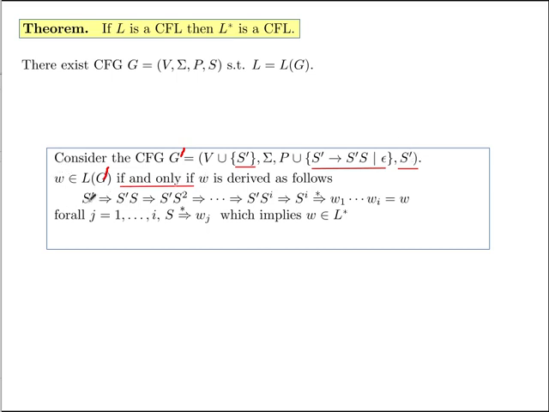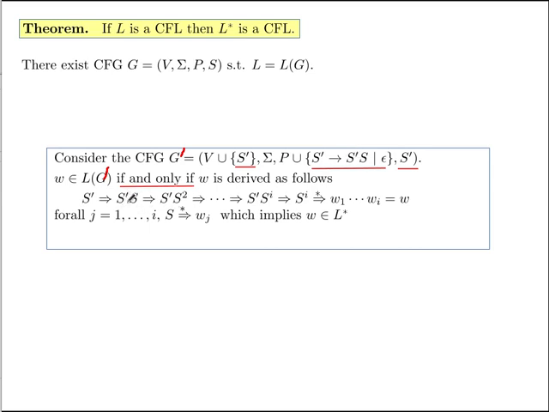And when you are starting from this S prime, just consider a leftmost derivation. If you have any derivation, you also have a leftmost derivation, and vice versa. So from here, how can the leftmost derivation proceed? You have to expand this, and the only way to expand this is this, right? So either you can go to epsilon, in that case it's fine, epsilon is in L star, or you have to apply this. So if you apply this, you get S prime S.